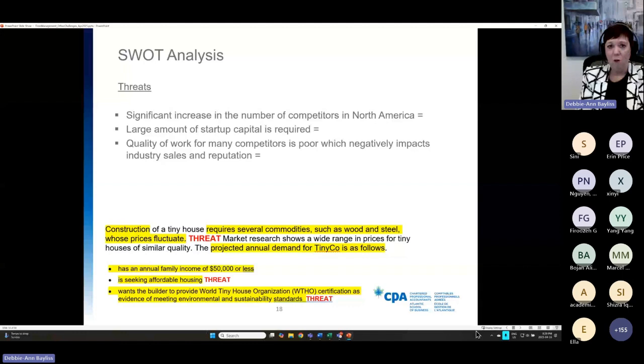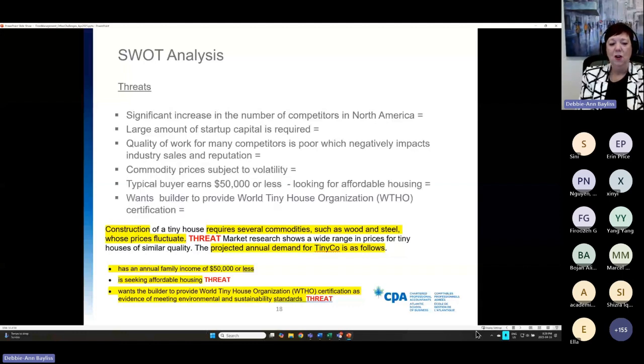They happen to all be threats around commodity prices, subject to volatility, that the typical buyer earns $50,000 or less, and they're looking for affordable housing, and that they want the builders to provide World Tiny House Organization certification. Okay? So we now have lots of information for our SWOT. We have that well set up.